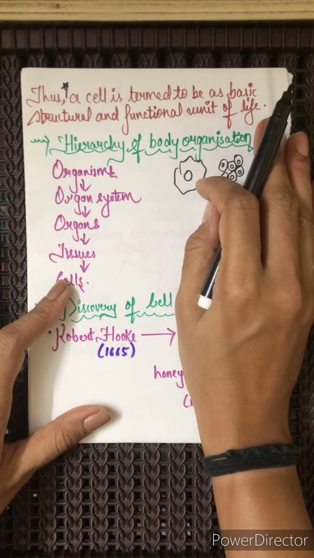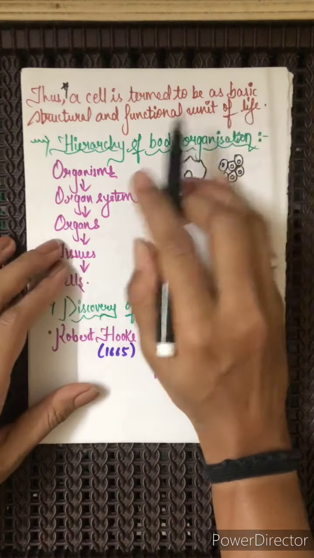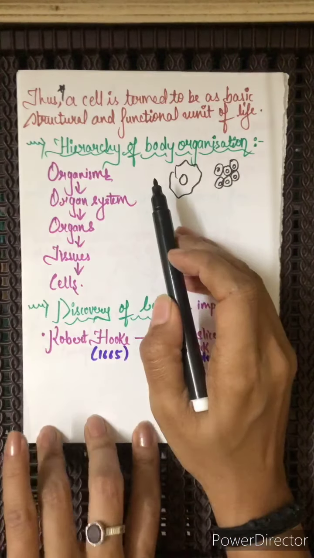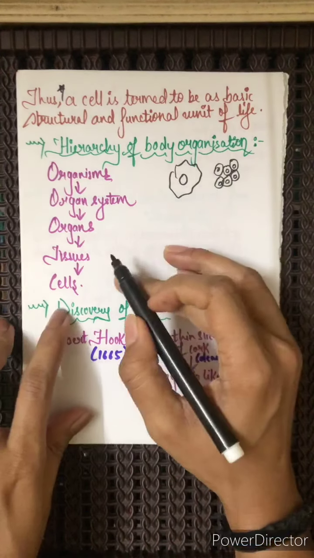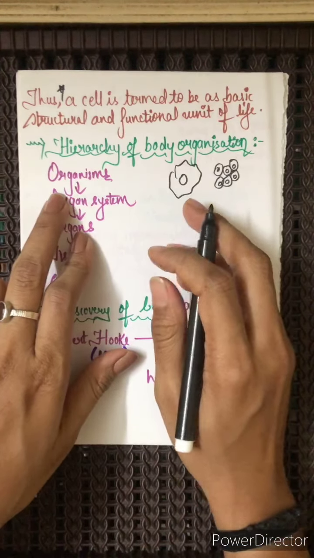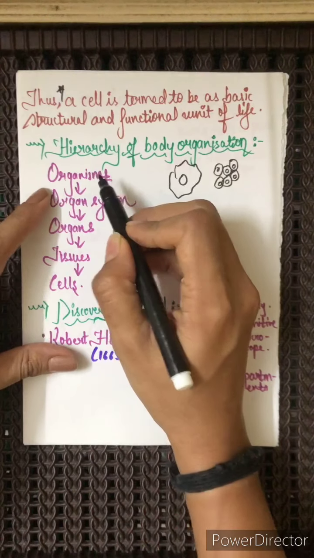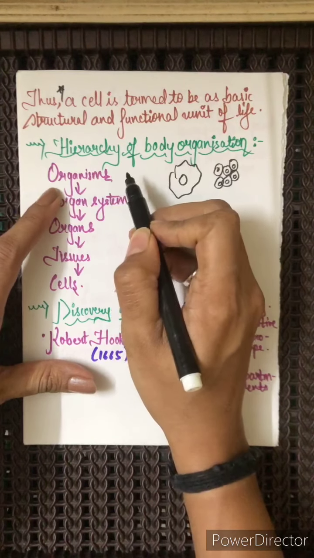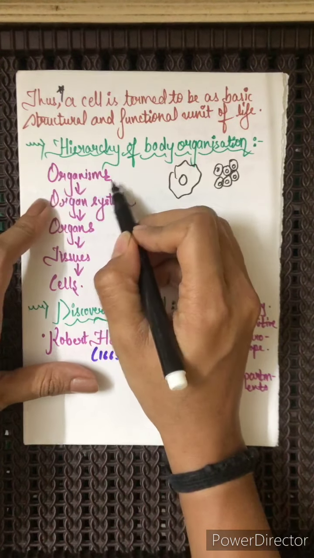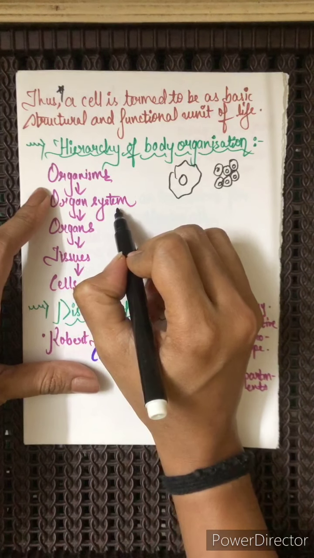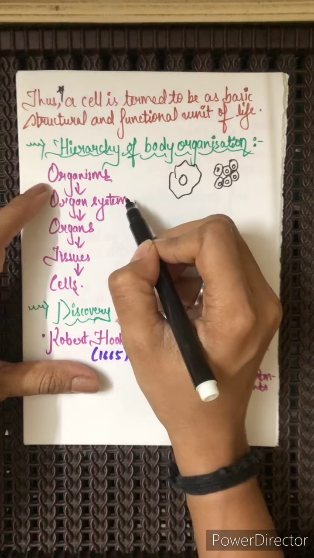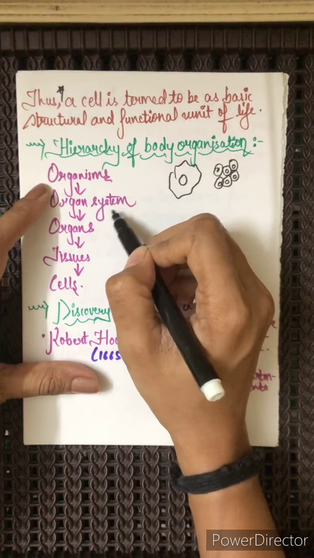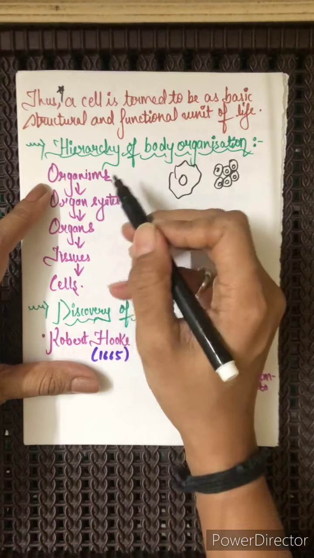Now we shall talk about the hierarchy of body organization. Hierarchy, as in, suppose we take the example of a human being. A human being is made up of various organ systems. We have various systems inside our body, such as the respiratory system, the digestive system, the excretory system, and so on.